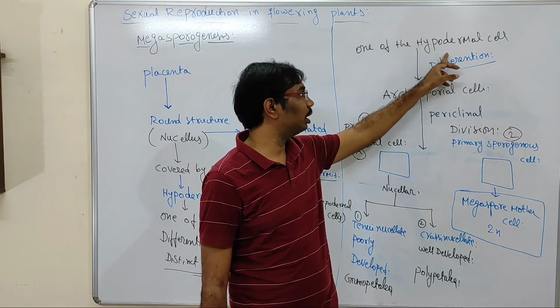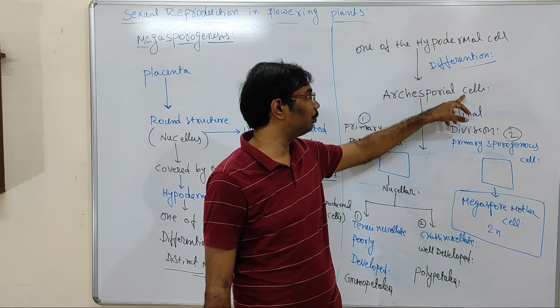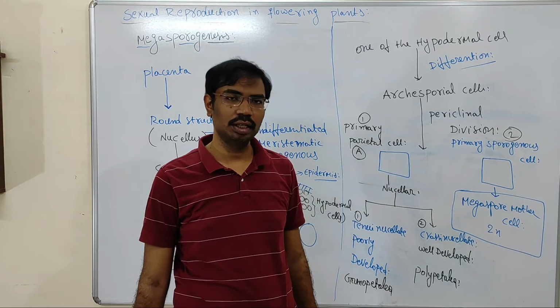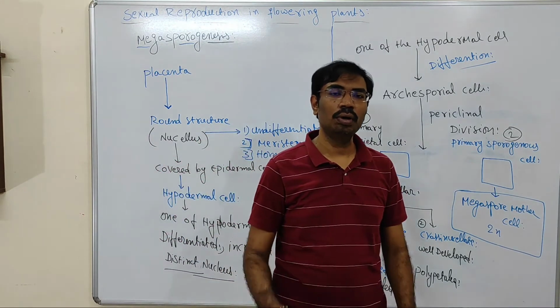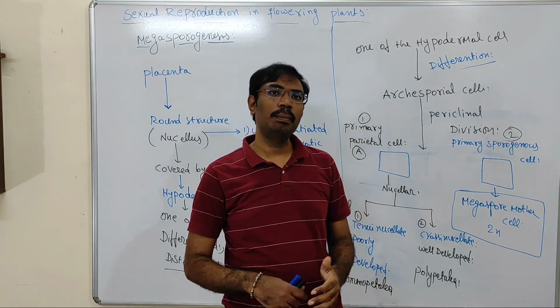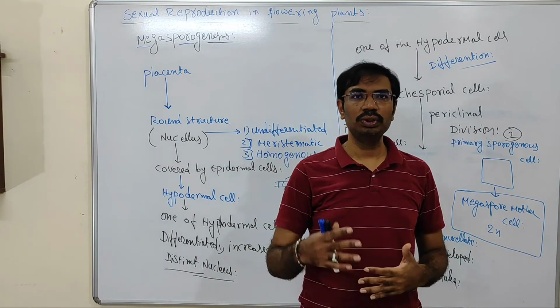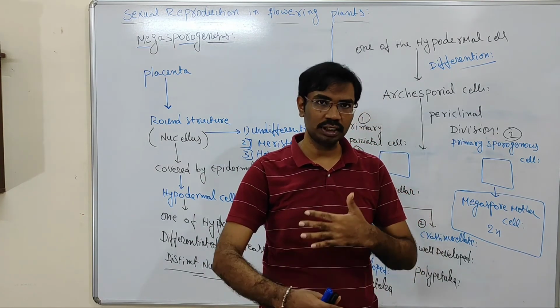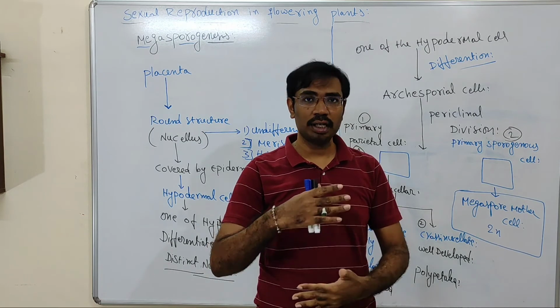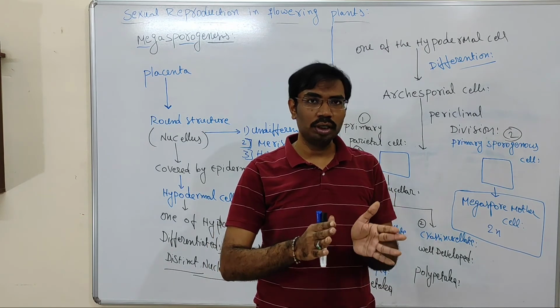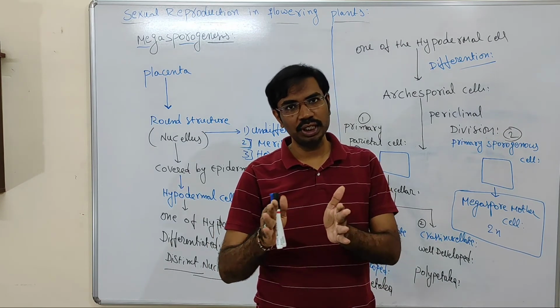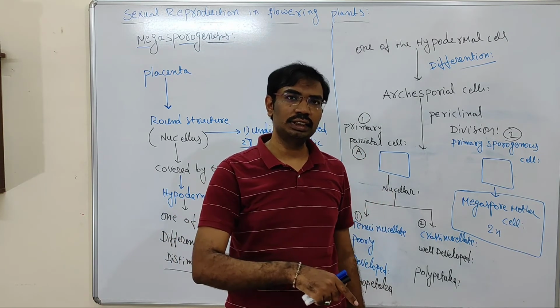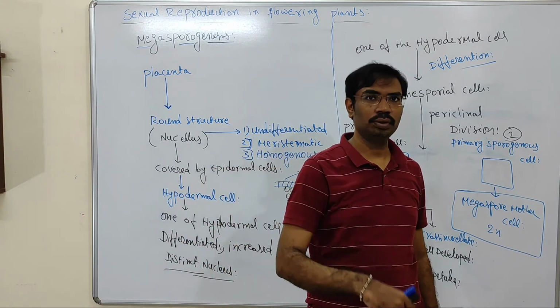The hypodermal cell differentiates and leads to the formation of the archesporial cell. In the next video, I will explain megasporogenesis: how the megaspore mother cell produces megaspores, and how the megaspores develop into the embryo sac.